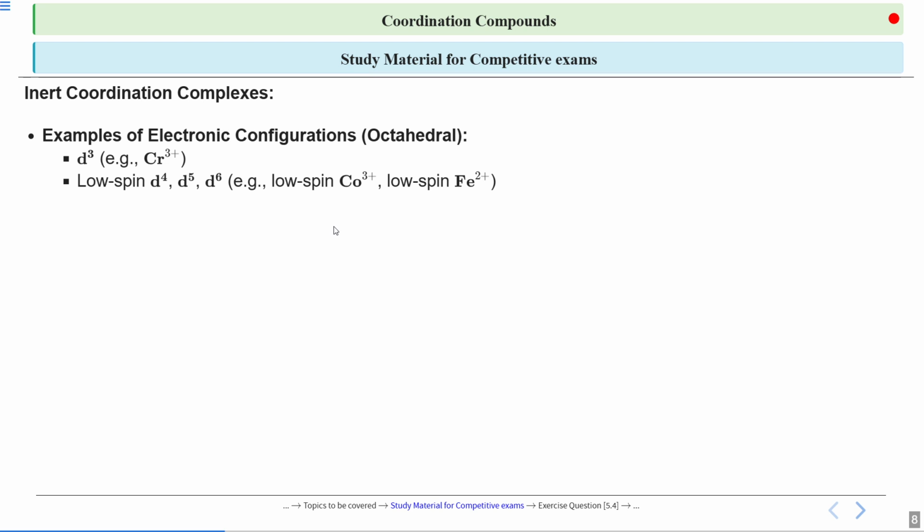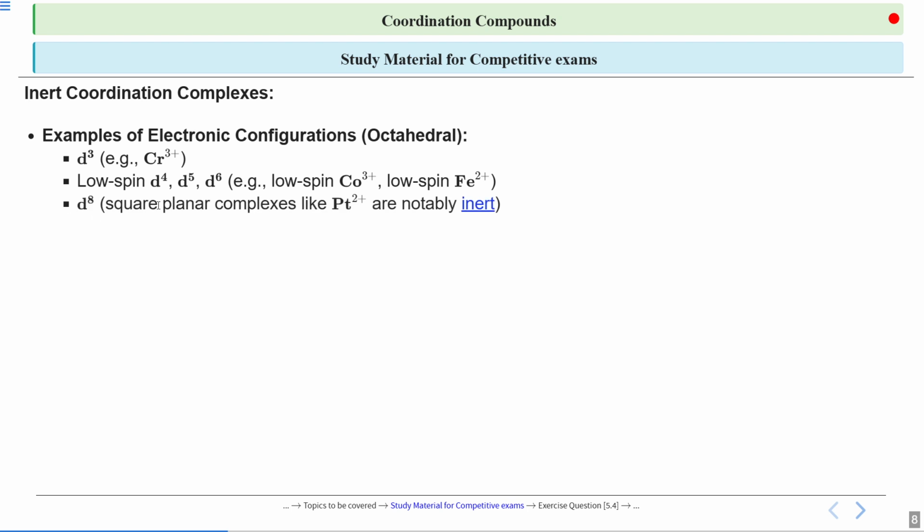After donating its 3 electrons, it will have the 3d6 configuration, which is low spin in the presence of strong field ligands. Low spin iron 2+ means iron has argon 3d6 4s2. When it releases 2 electrons, it gains the 3d6 configuration, low spin, as strong field ligands are present, forming low spin complexes.